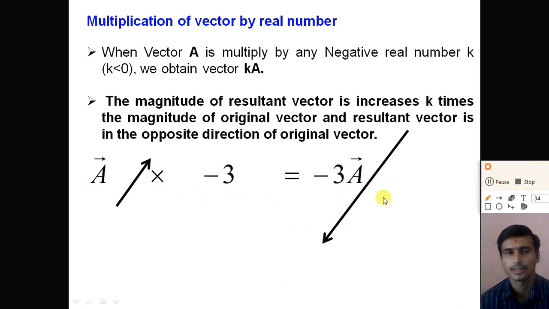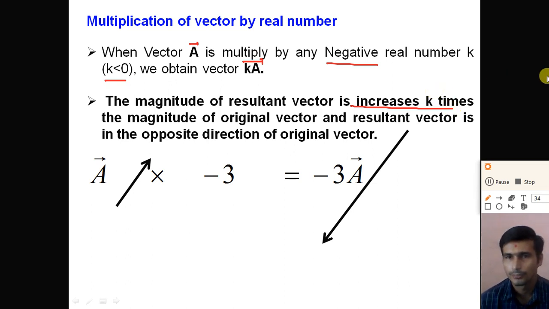But dear student, now when the vector a is multiplied by any negative real number k, where k is less than 0, right? We obtain a vector ka, and the magnitude of the vector ka is k times as large.